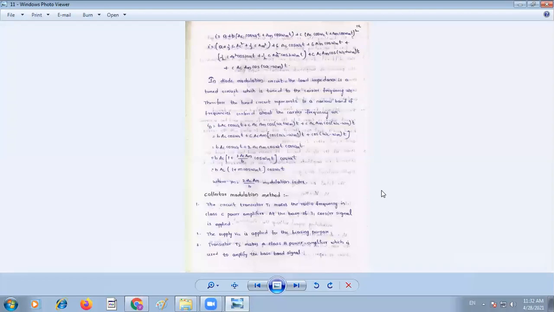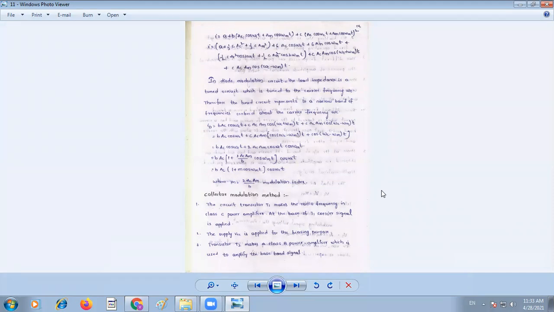Next is the derivation regarding the power calculation. Before going to that, I will give some description of the power calculations. The total power of the modulated signal is carrier power plus upper sideband power plus lower sideband power.